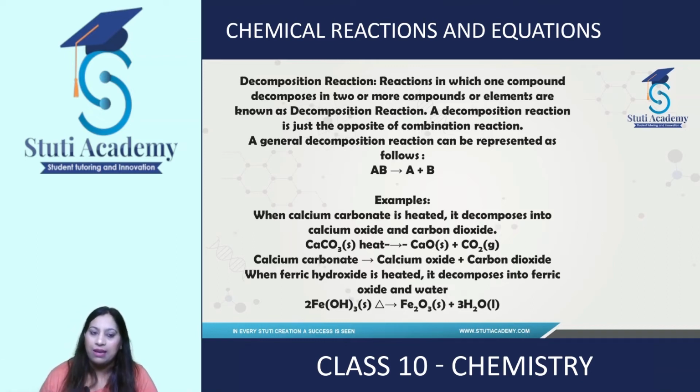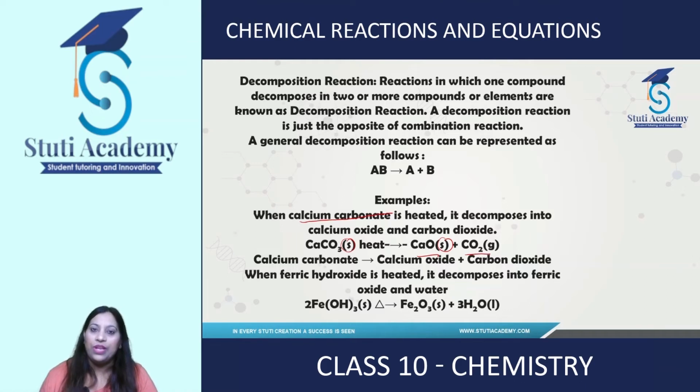As you can see here, one example of such kind is when calcium carbonate is heated, it decomposes into calcium oxide and carbon dioxide gas. When you see this, look here, the alphabets which are written in the brackets depict the state of the substance. Whether it is a compound or element, this shows in which state it exists in the equation.